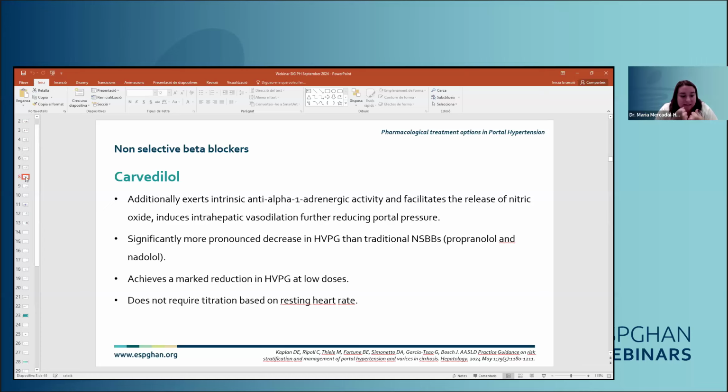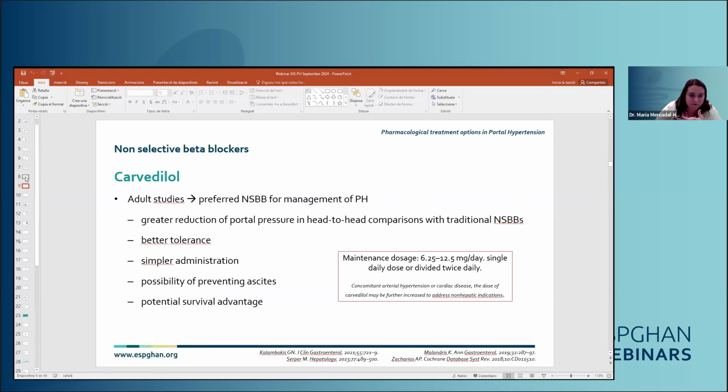And actually, it achieves this reduction with low doses. Carvedilol is also used, as you know, in arterial hypertension, and you can use lower doses in portal hypertension. And very importantly, at least for us, and we can discuss this later and see if everyone does it or not, it shouldn't require titration based on resting heart rate to see an improvement anyway.